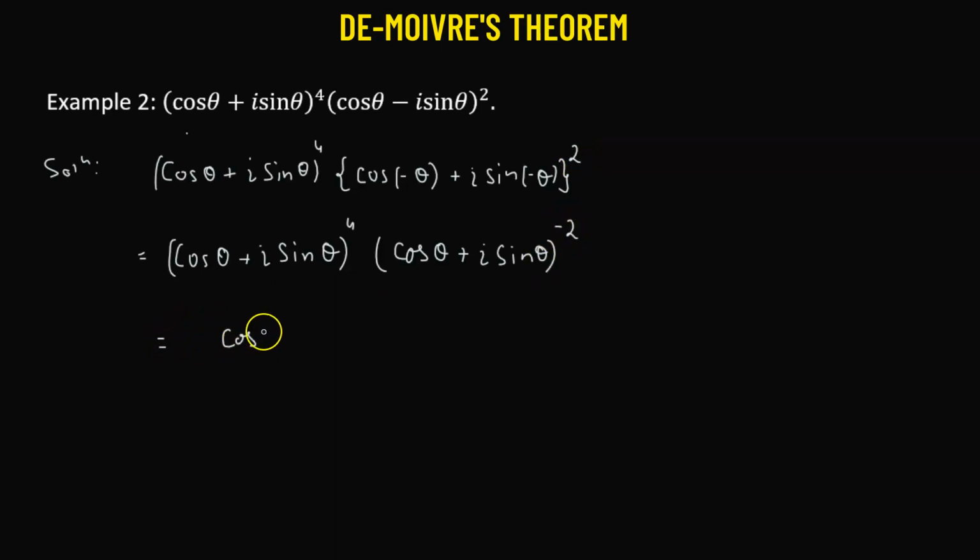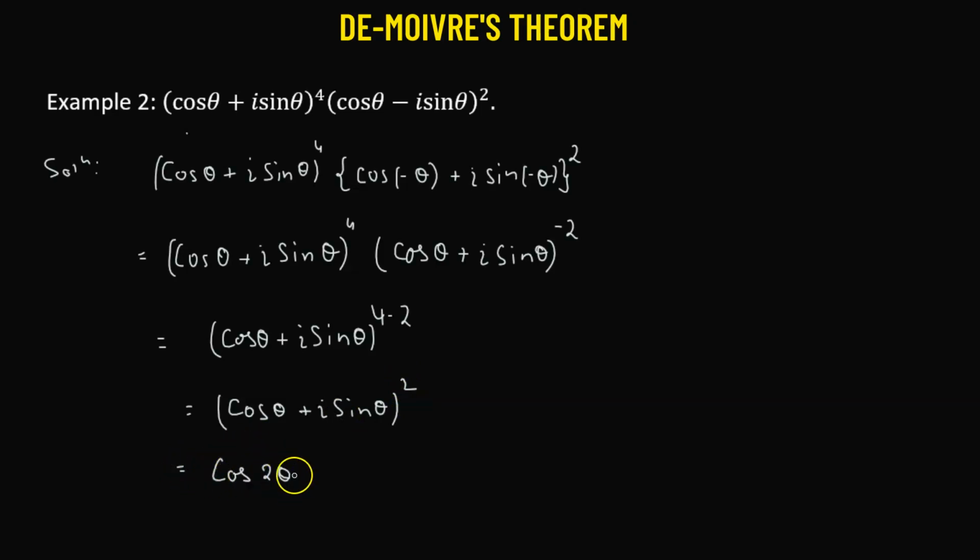So we now have (cos θ + i sin θ) raised to the power of 4 minus 2, which equals (cos θ + i sin θ) squared. And finally, again applying De Moivre's theorem, this is going to give us cos 2θ + i sin 2θ. So this is the simplified form of this particular expression.